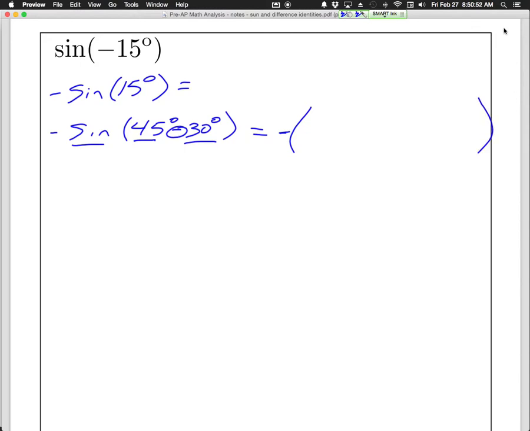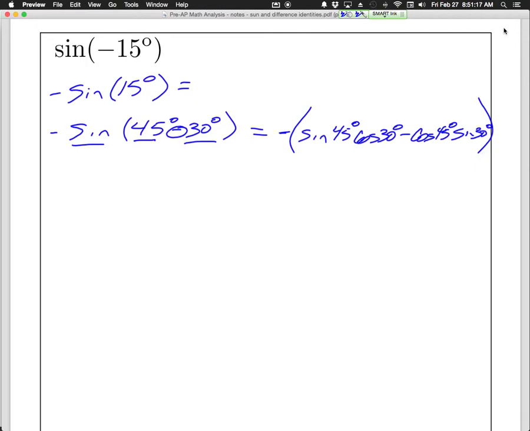So it's sine of A minus B. If I plug it in, that's going to be sine of 45, cosine of 30, minus cosine 45, sine of 30. So all I did there was plug it in to sine of A minus B. Any questions on what we did there?